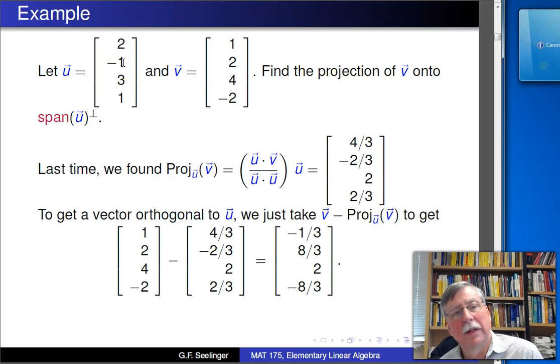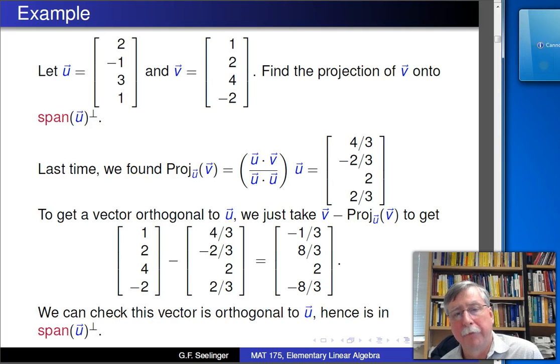I get 6, which is 18/3, so that means I have 8/3 left, and then when I look at this, I get a negative 8/3, so I get 0. So I get exactly something orthogonal to u, which is exactly what I want. You can check by doing that dot product that it has to be in the orthogonal complement of the span of u.